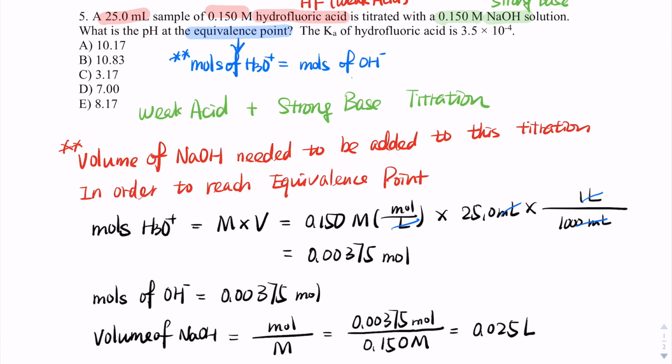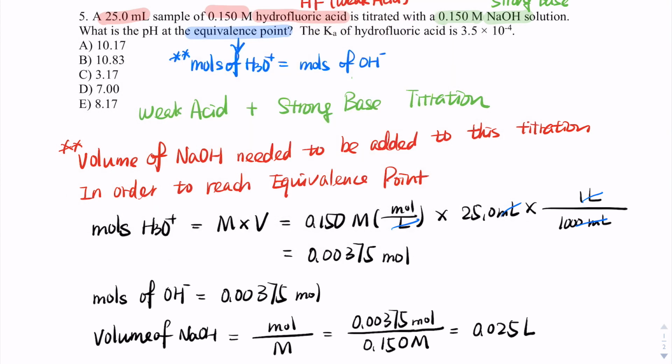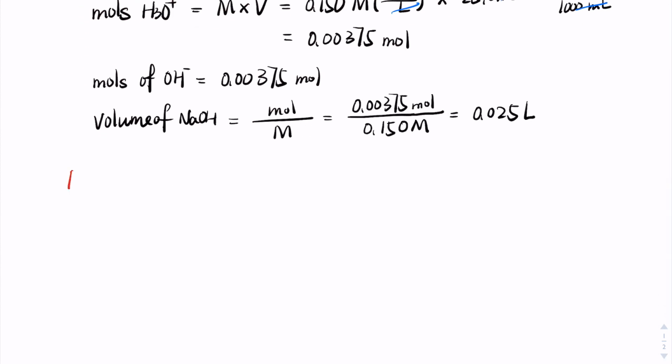Now you have the volume of both. One more time, we are dealing with a weak acid strong base titration at the equivalence point. As we already talked about, at the equivalence point for a weak acid and strong base, you will just have a salt.